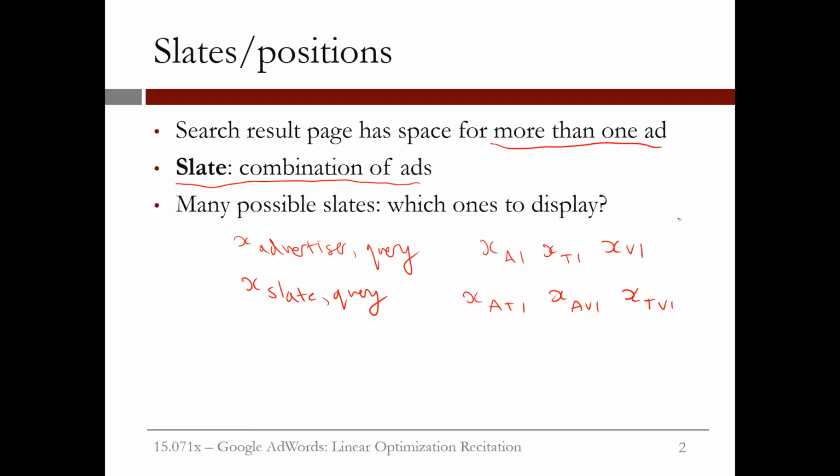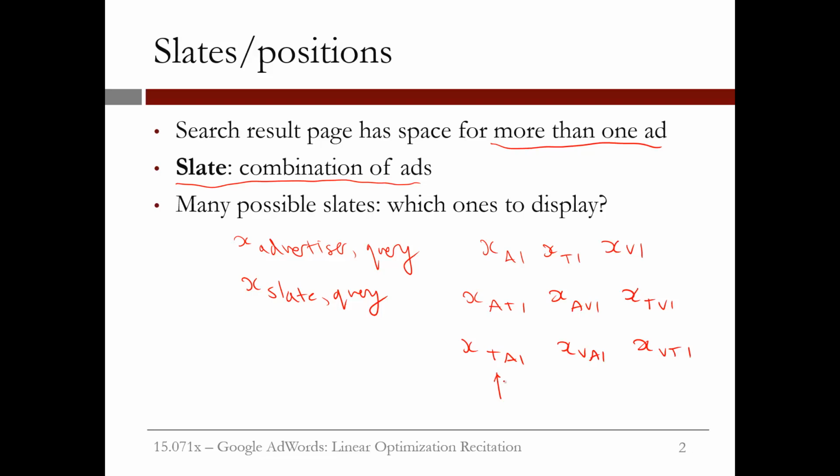Now this can become even more complicated as the position of the ad within the slate is important. For example, ads to the right of the search results might not attract as many clicks as those above the search results. In this case, we would also consider XTA1, XVA1, and XVT1. And here, the first ad in the combination is the ad that is placed in the first position.